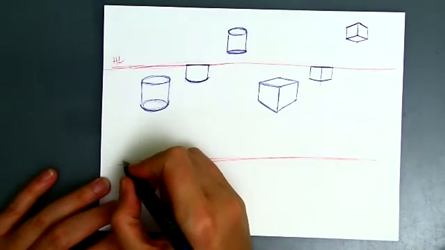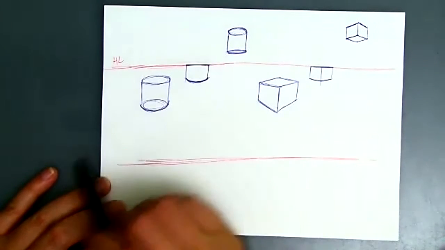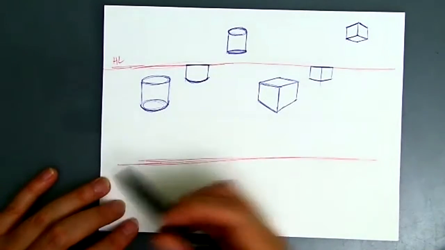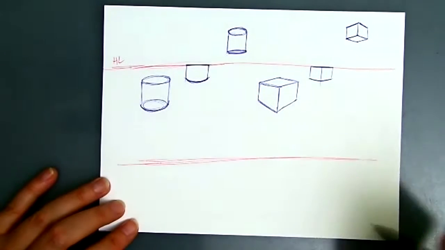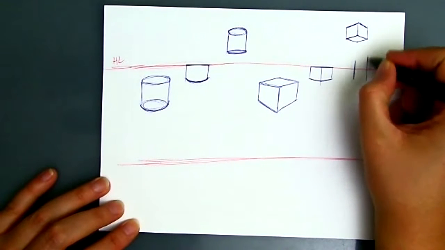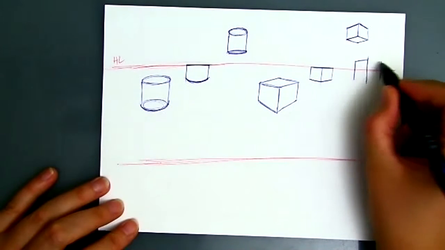Okay, boxes and cylinders and horizon line. That horizon line and what it does to the same form at different levels. Oh, you know which one I didn't do? Let's say it's smack dab in the middle. Up and down, I guess, right? Yes, and you get a little bit up and a little bit down.